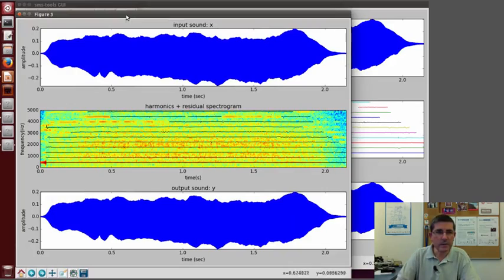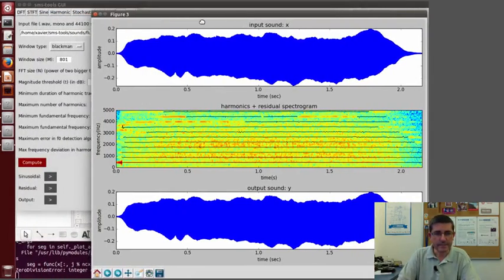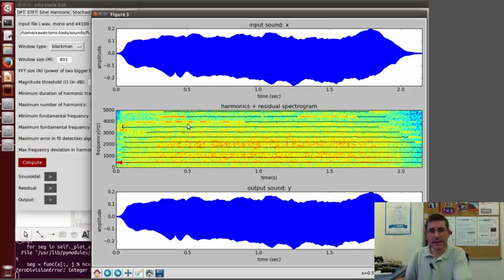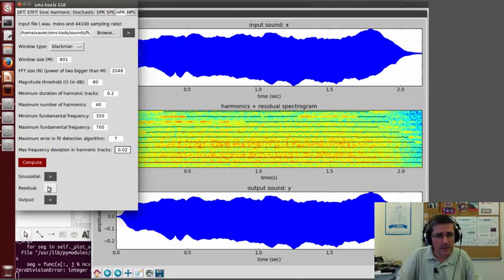Okay, so here we see the original and the harmonics, and maybe we see a few more than before, and synthesize. So let's listen to the residual. Okay, that's a pretty nice residual.